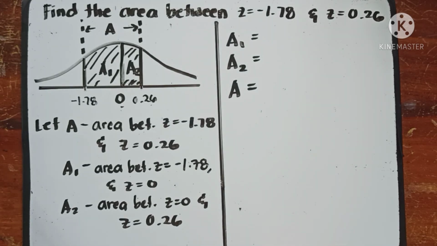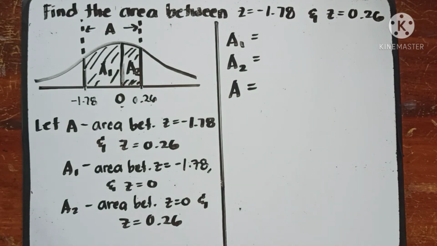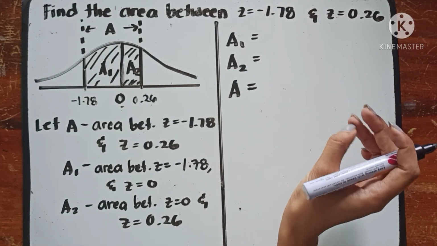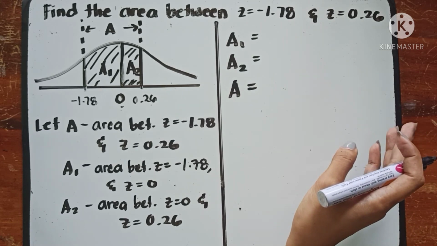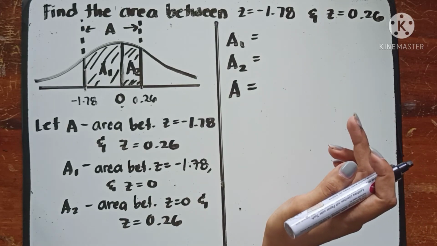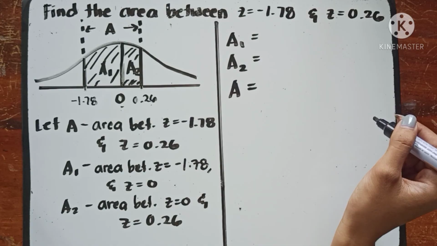Ma'am, negative yan. Okay? So, sa ating z-table po, wala po tayong negative sa gamit kong z-table. But then, balikan natin yung properties ni normal distribution. So, one of the properties of a normal distribution, that is symmetrical. Okay? So, ibig sabihin, kung ano yung value niya sa kanan, yun lang din yung value niya sa kaliwa.